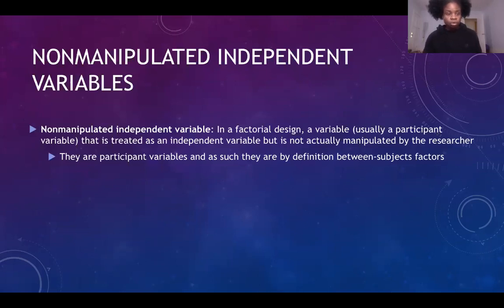In many factorial designs, one of the independent variables is a non-manipulated independent variable. Here, the researcher measures it but does not manipulate it. Such variables are usually participant variables, and as such, they are by definition between subject factors.